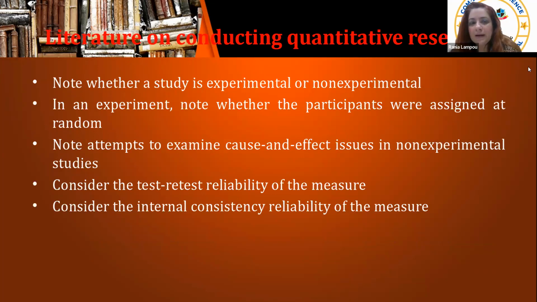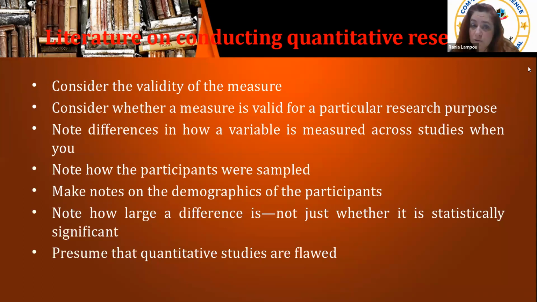And have in mind also these guidelines. Of course, we don't have the time to analyze them, to know whether the study is experimental or non-experimental. If we talk about experiment, note whether participants were assigned at random to treatment conditions, for instance. To examine cause and effect issues in non-experimental studies, consider the test-retest reliability of a measure, consider the internal consistency reliability of a measure, and the validity also of a measure.